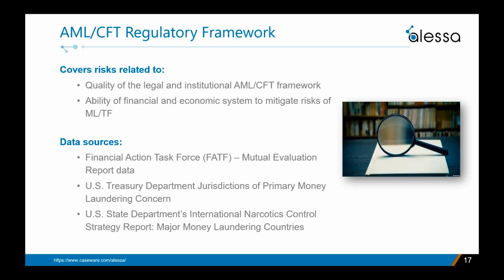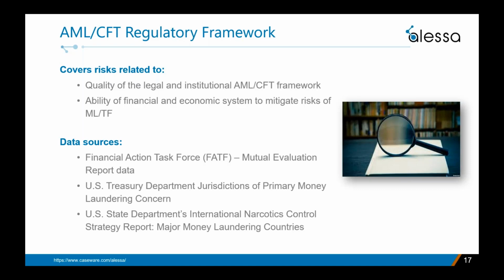The first is data from the Financial Action Task Force, or FATF, evaluations of its member countries' AML and CFT regulations. The second is the U.S. Treasury's designations of entities and jurisdictions of primary money laundering concern.